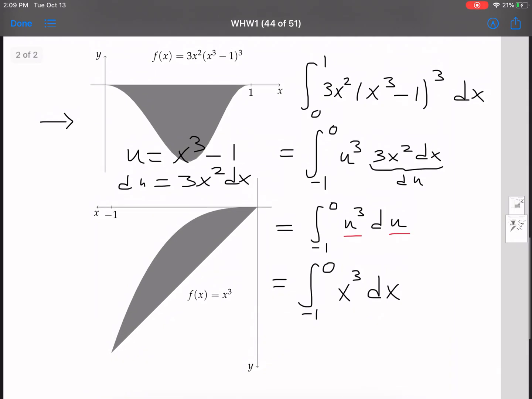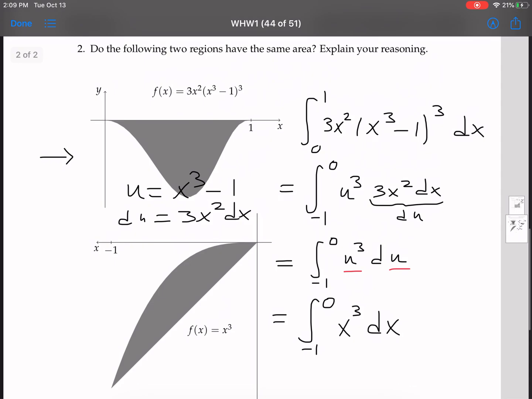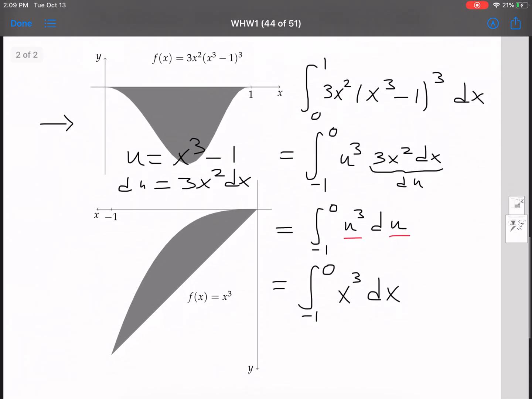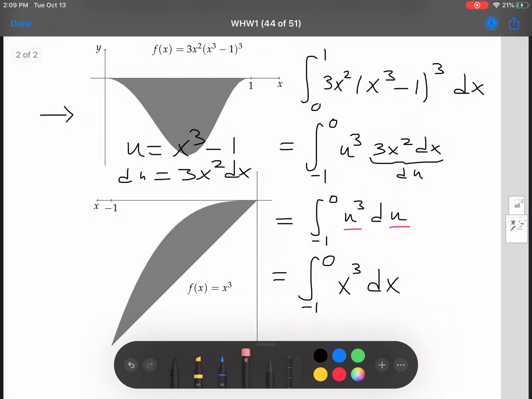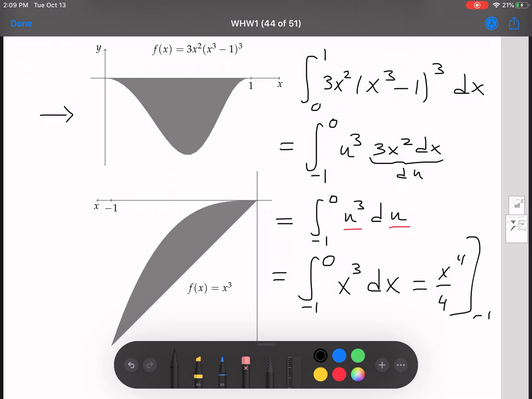But let's see, what does it say? It says, do the following two regions have the same area? So their area isn't actually whatever the answer to this is, because this will give you a negative number, right? That's x to the 4th over 4 evaluated from -1 to 0.